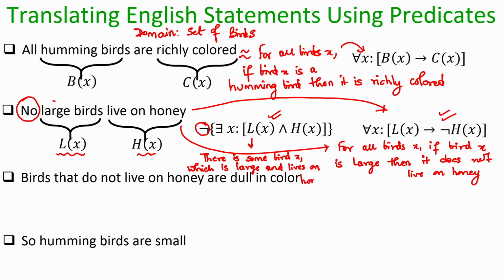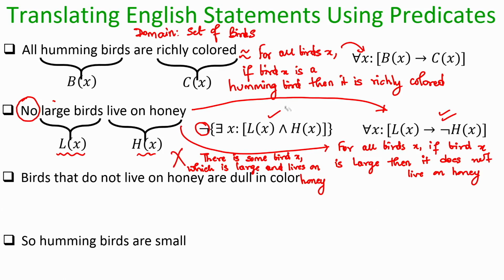Okay. But this is not what I want to represent. I want to represent that there is no such bird which is simultaneously large as well as lives on honey, and that is why I have put a negation outside. If I put a negation outside, that means this property is not possible, which is indeed what I want to represent.